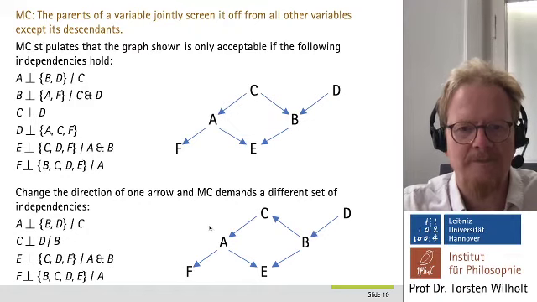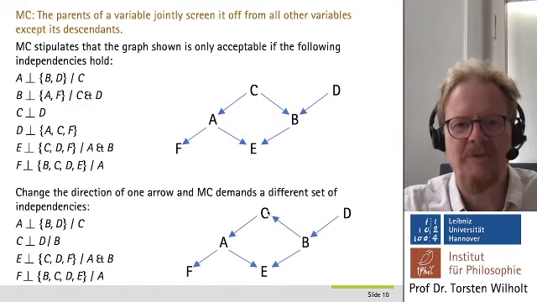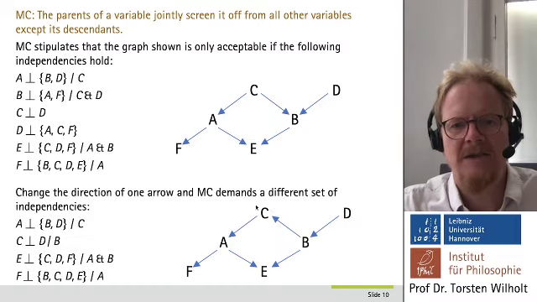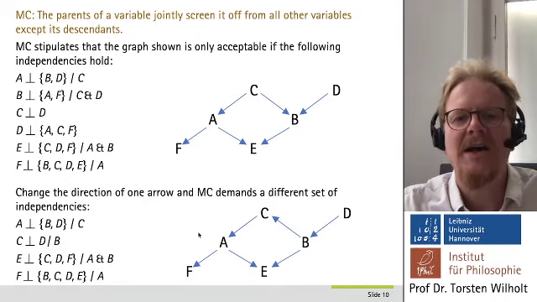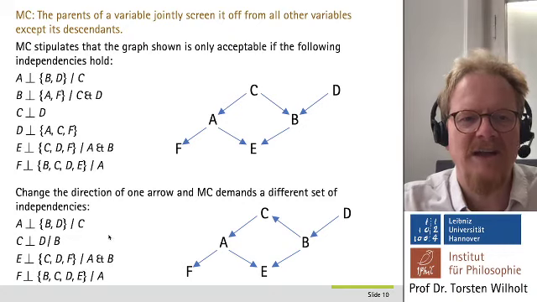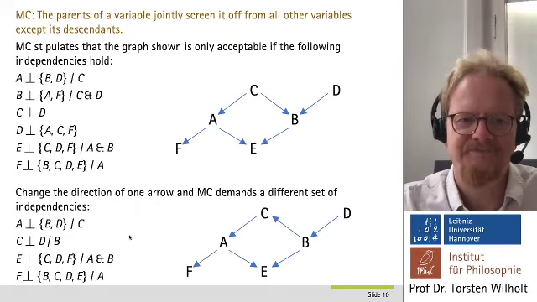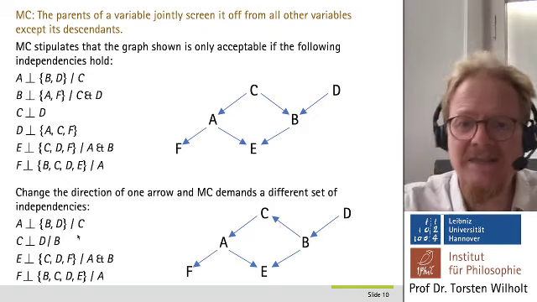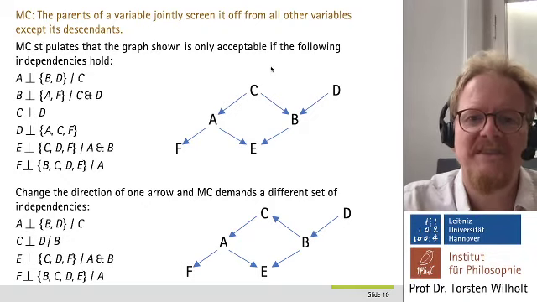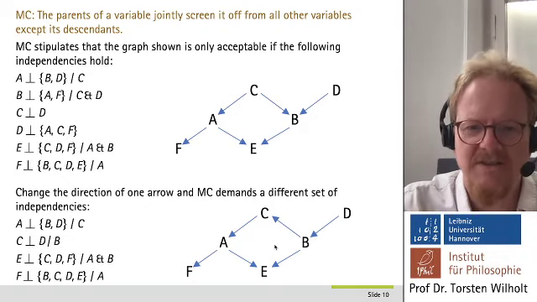Yeah, because A must be screened off by its parents from all other variables except its descendants. That includes also B. But in addition to this information, we have other kinds of screening off relations, and they are different from this situation. So we can distinguish these kinds of information.